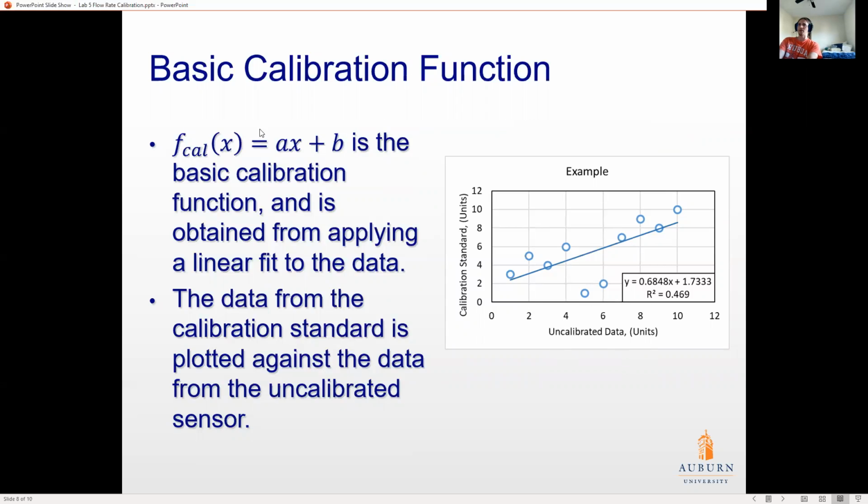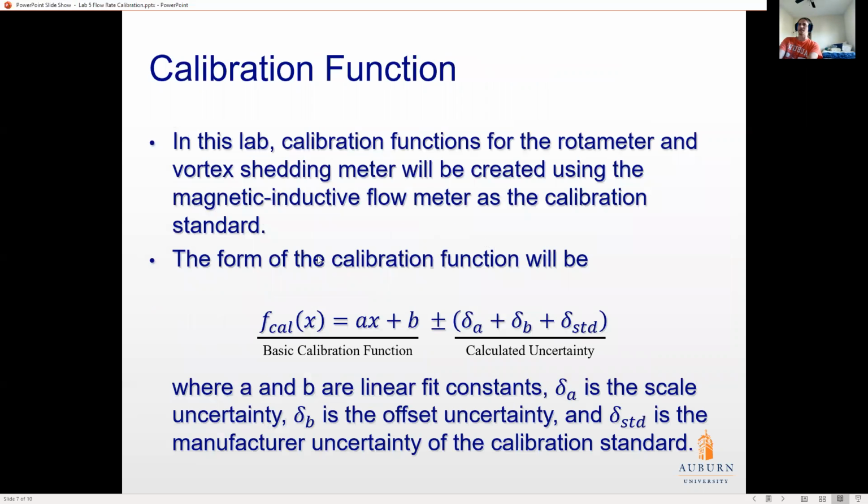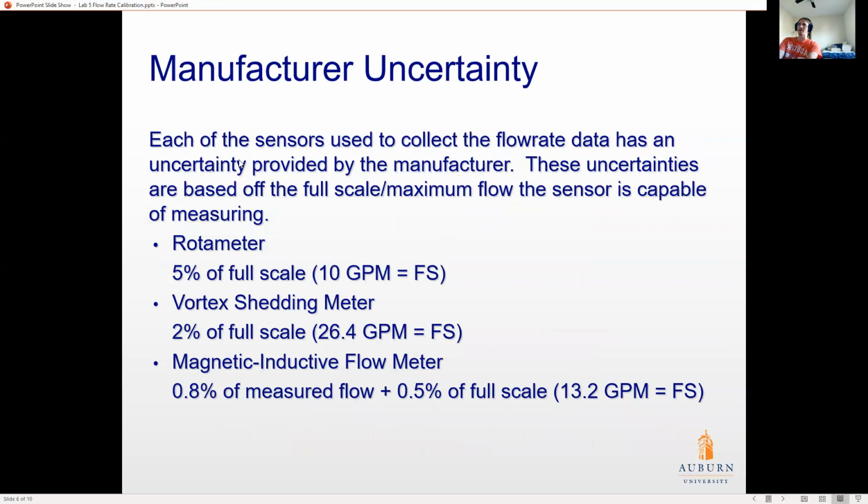And then if you do a basic linear fit on that, it's going to give you what your calibration equation is, your calibration function. And we call that fcal of x. So you plug in your uncalibrated numbers for x, you get your a and your b from your fit, and if you apply that to every data point, that gives you your calibrated readings for that sensor. So we're also going to have to talk about uncertainty.